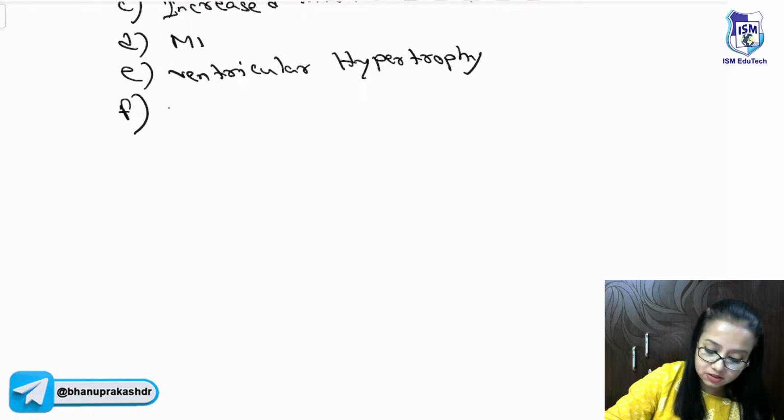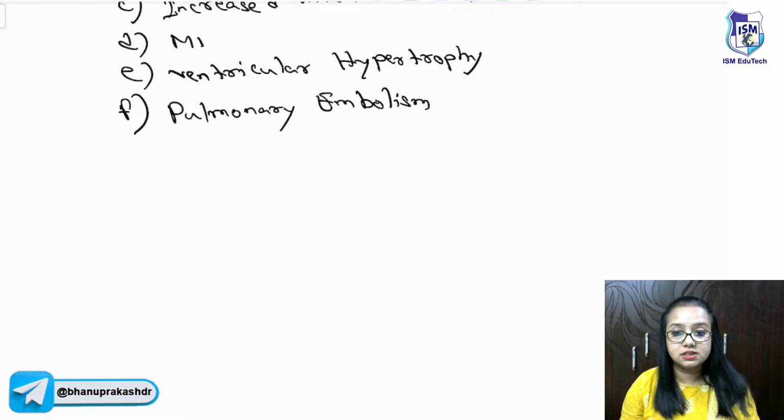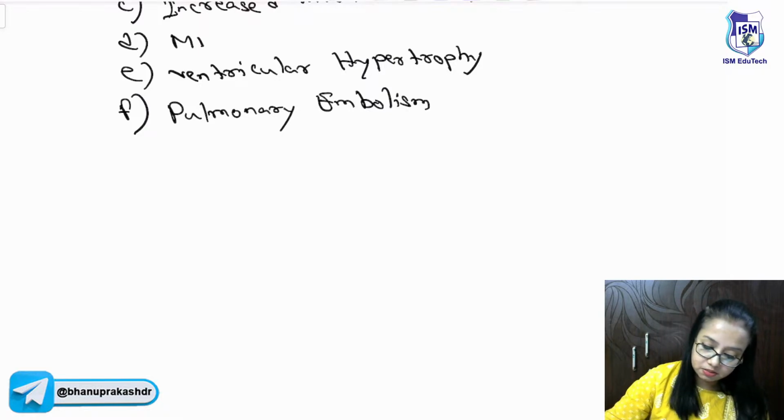It also becomes prominent in pulmonary embolism. In all these conditions, the U wave becomes very prominent.